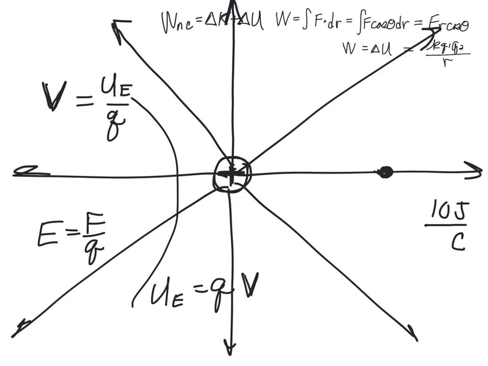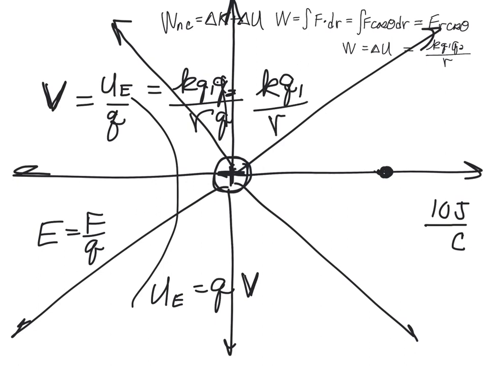And since we're dividing the K, Q1, Q2 over R by the Q2, we're dividing the potential by the charge, we get an equation for calculating the electric potential for a point charge: it's just KQ over R.